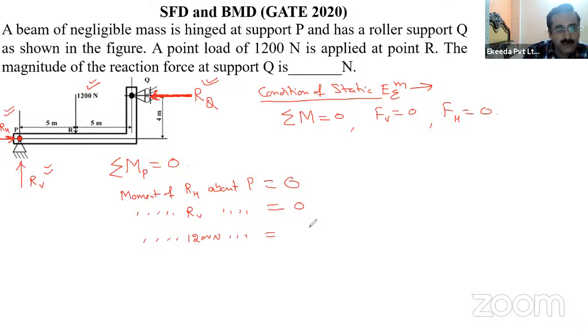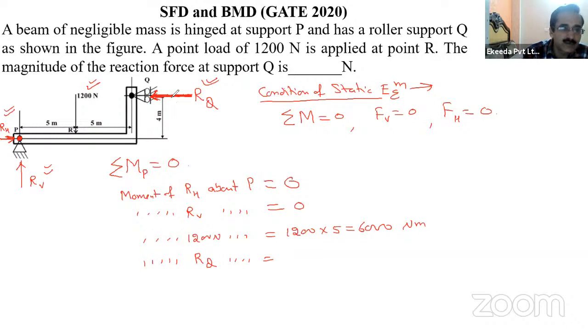The moment of 1200 about P will be equal to 1200 multiplied by the distance. If you take the clockwise moment as positive, it will be positive. So 1200 multiplied by 5 is 6000 Newton meter. The moment of RQ about P is anti-clockwise, right?